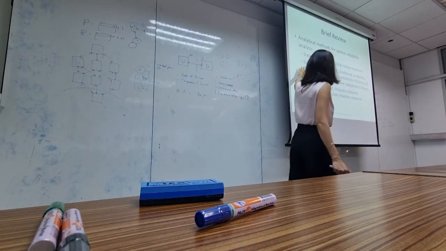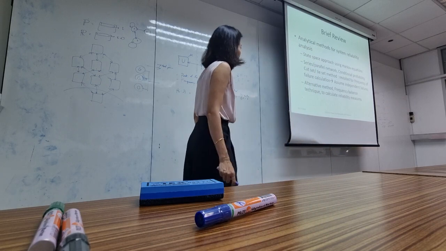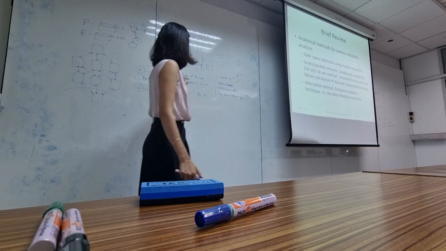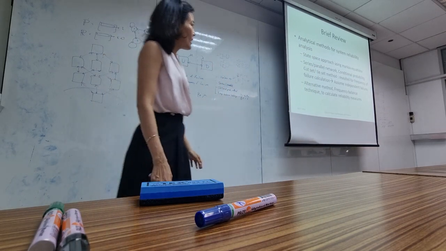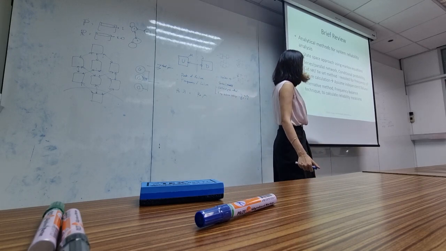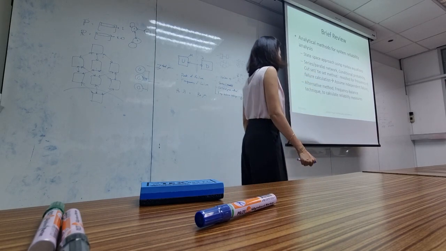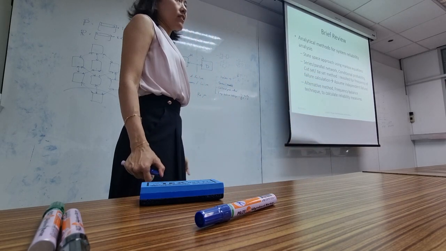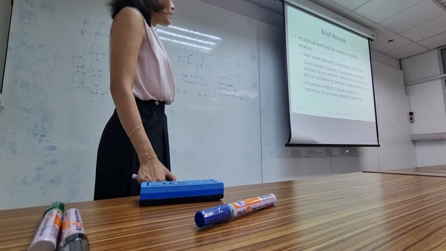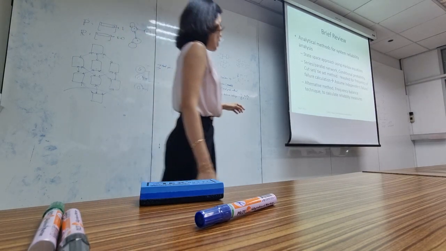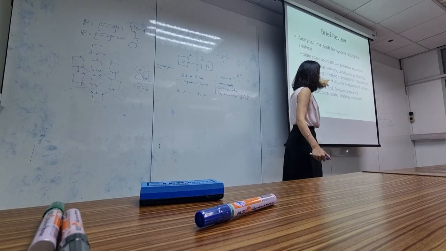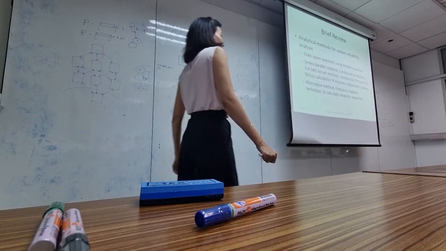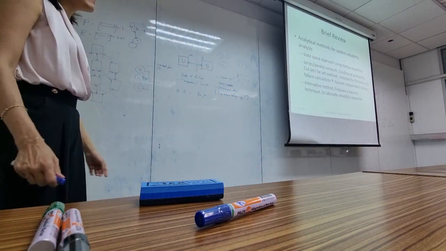So we went through the series and parallel network. We looked at the conditional probability. And we also revisited the cut set and tie set for the frequency failure calculation. Of all these methods, we assume that all failures are independent. Okay.